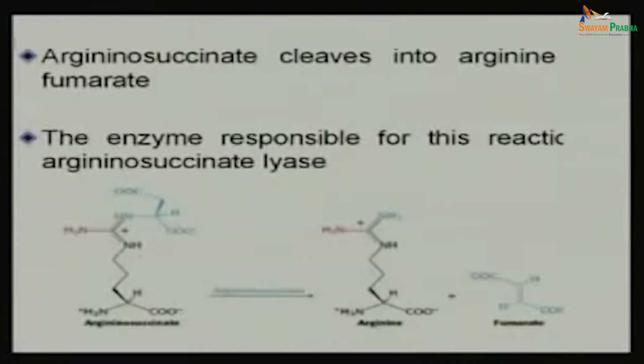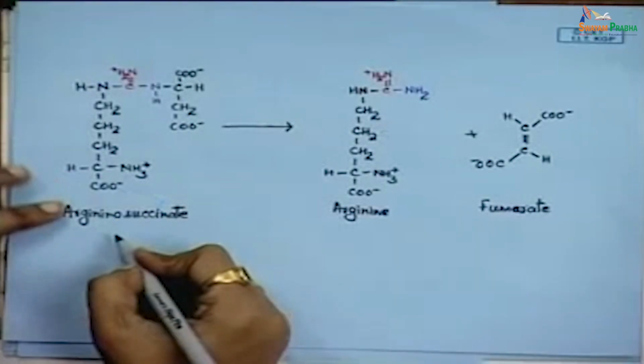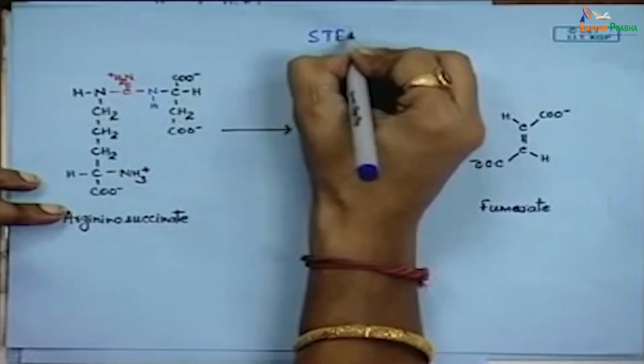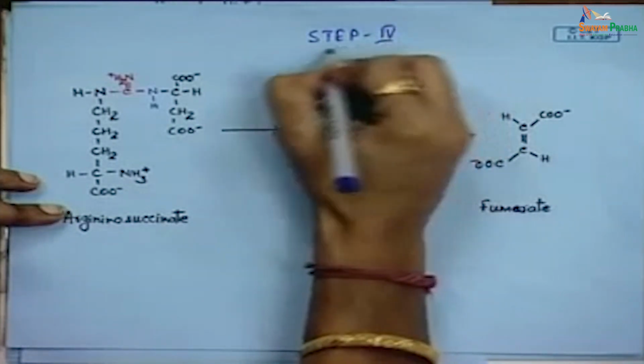Arginosuccinate in the next step is getting cleaved. This arginosuccinate is separating arginine from the fumarate. You see, this is step 4. In the next step, what is happening?